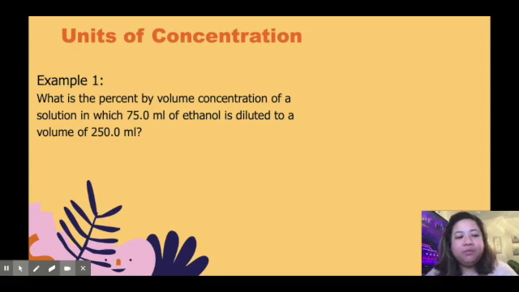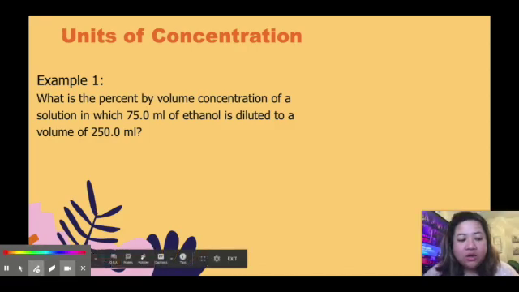For our first example, it says, what is the percent by volume concentration of a solution in which 75.0 ml of ethanol is diluted to a volume of 250.0 ml? So the first thing that we're going to do is to identify what is our unknown.